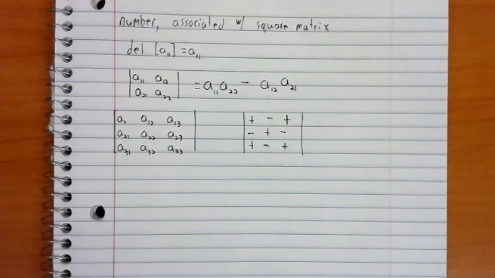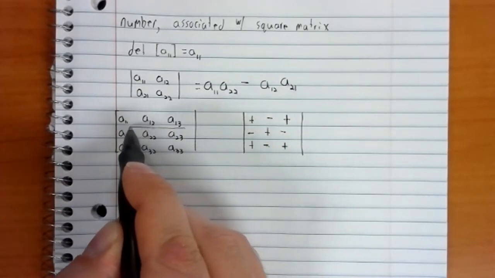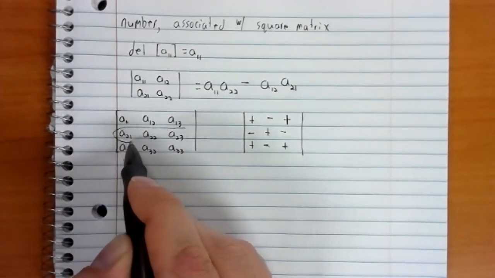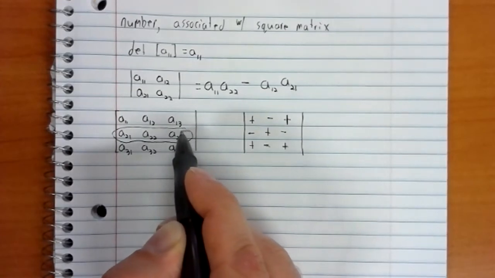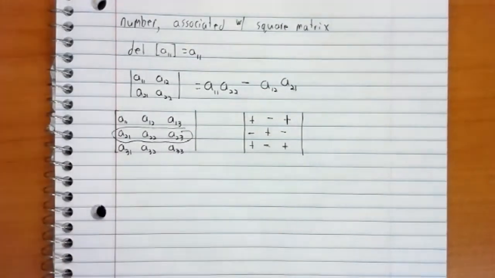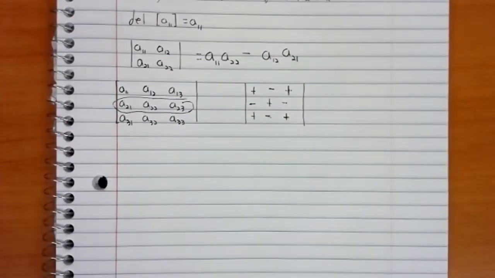We pick a row or column. It doesn't matter which one, which is really surprising considering how contorted this whole process is. I'll select the second row.